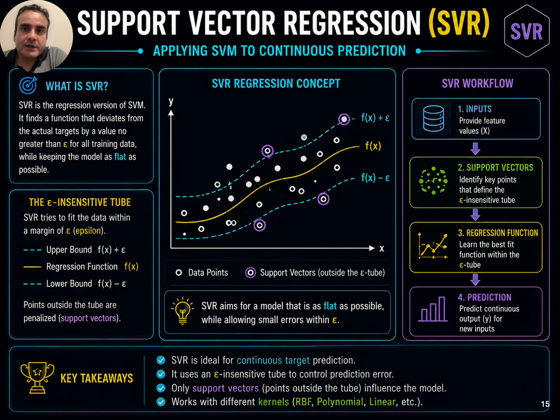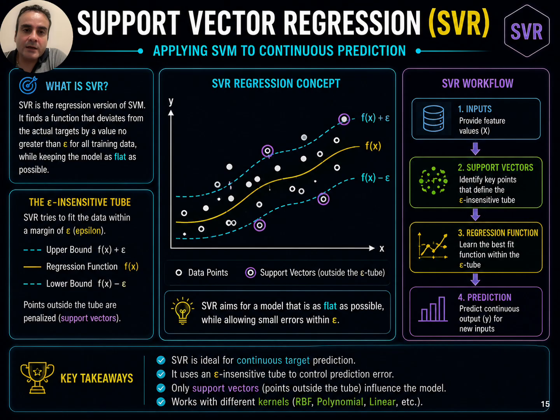Support vector regression extends the principle of SVM from classification problems to continuous prediction problems. Instead of assigning observations to classes, SVR predicts numerical values. The central concept in SVR is the epsilon-insensitive tube. Rather than attempting to fit every data point exactly, SVR allows prediction errors that fall within a predefined tolerance region.